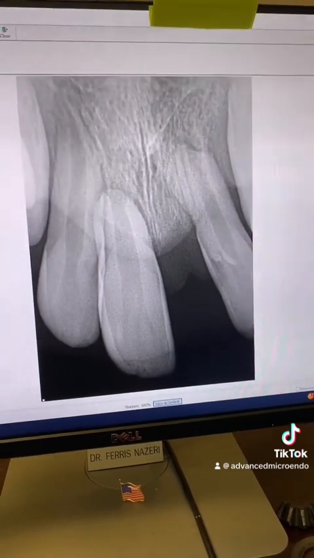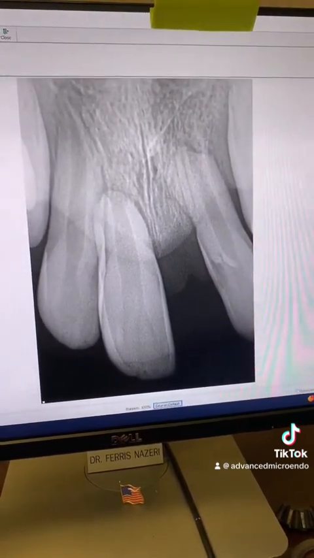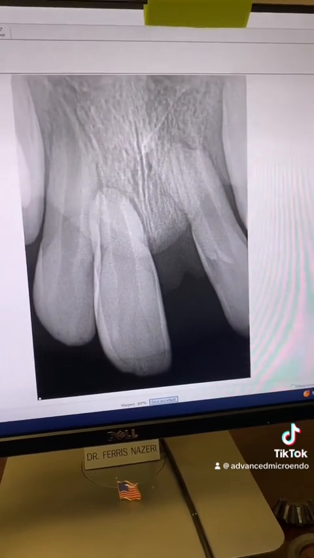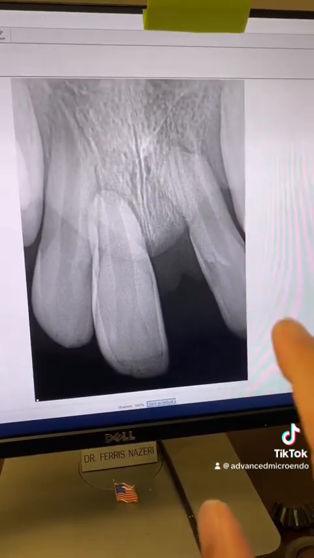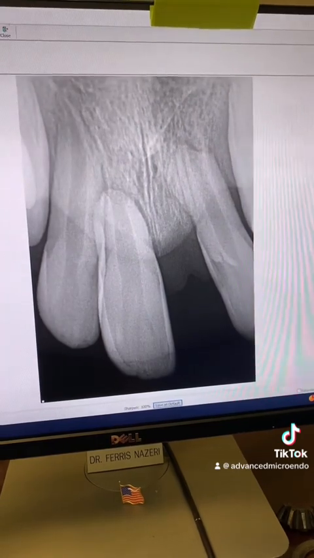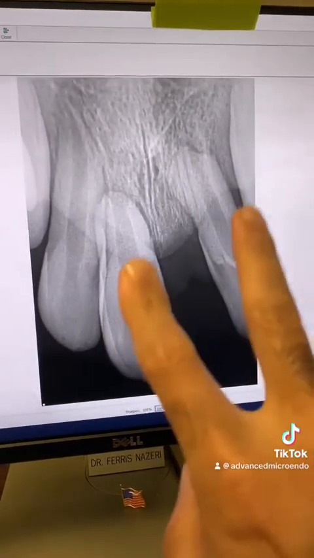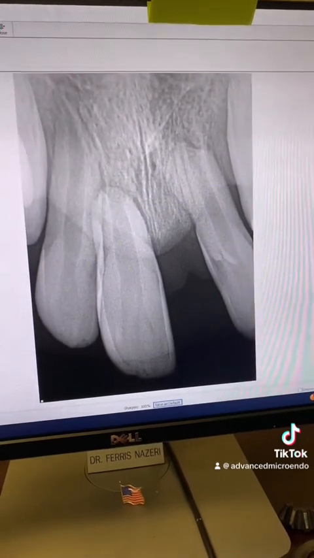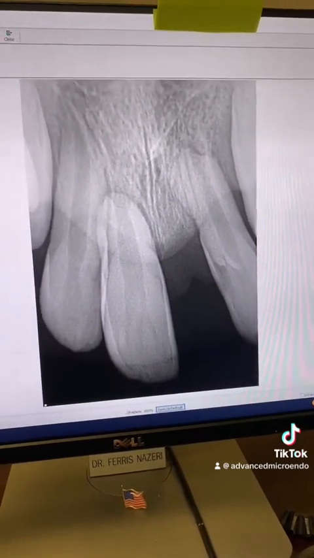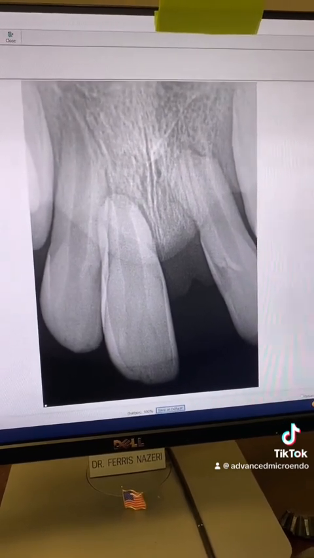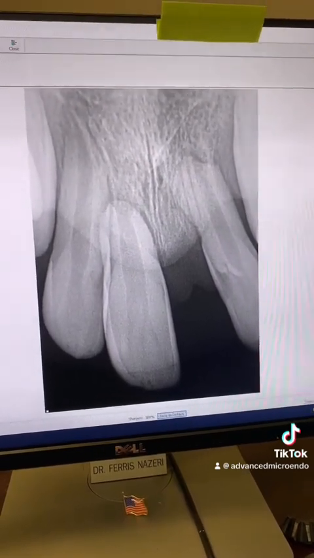It's possible for them to develop ankylosis and inflammatory resorption, of course. So father said, let's just go ahead and try to see if she can keep these teeth for as many years as possible, hopefully until she becomes a good candidate for dental implants. And that's what we did today.